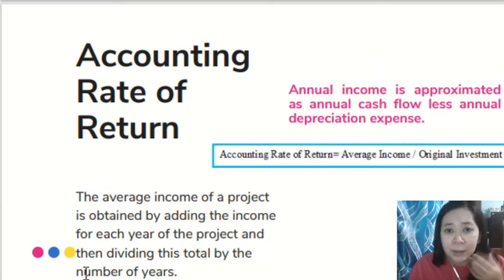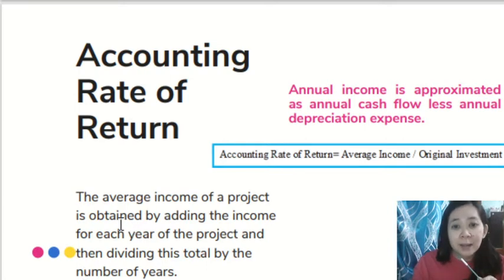How do we determine the average income of the project? This is obtained by adding the income for each year of the project, and then dividing it by the total number of years. This is the usual formula for computing averages.